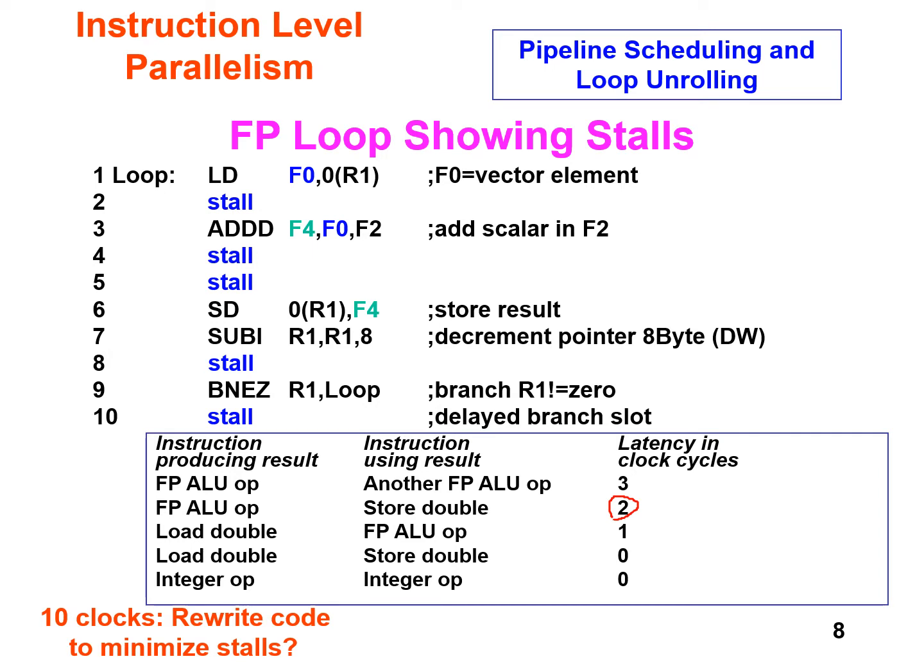Okay, it needs some stalls. So this is a kind of two ALU operations, right? So there is a stall, and the next one is also a stall because of delayed branching. So this cannot be executed in one clock cycle. So this is another stall. So totally we need 10 clock cycles to execute these 5 instructions.